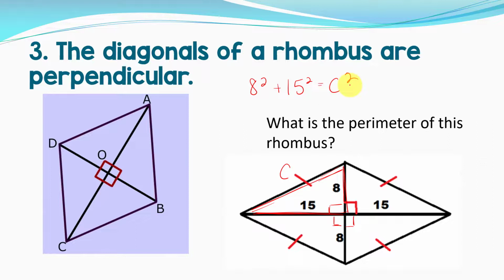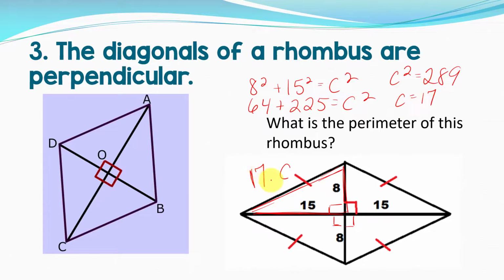So we've got 64 and 15 squared, that's 225, equals c squared. Add those together, you get 289, and then take the square root, and that gives you 17. So if this single side is 17, all 4 sides are congruent, so I just multiply that by 4, and I get a perimeter of 68.